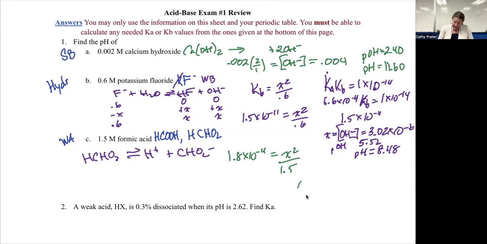And x is the hydrogen ion concentration in this problem because it's a weak acid problem. 0.016. Negative log of that gives me the pH.